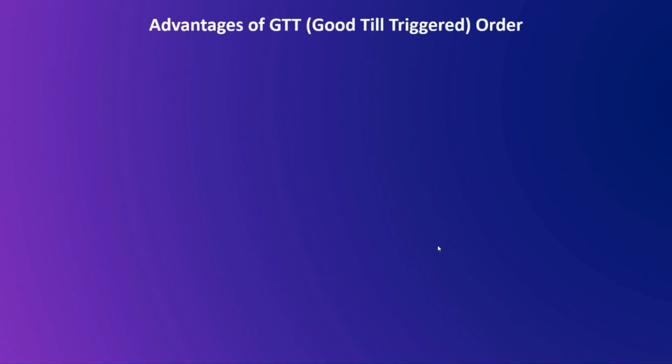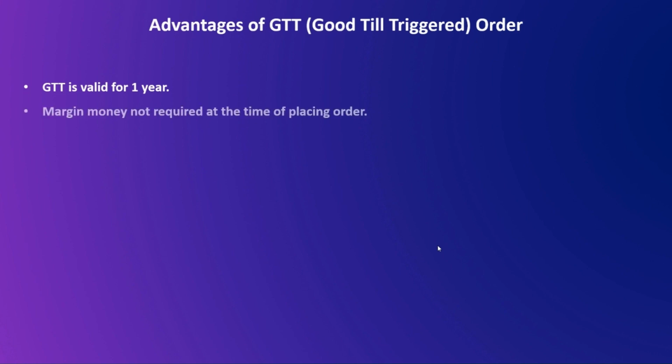Apart from that, there are important features of this GTT order. One important feature: when we place the GTT orders, the maximum validity of those GTT orders is 1 year. So if your stock price is not triggered, it can stay in the platform for up to 1 year. I already told you that margin money is not required at the time of placing.